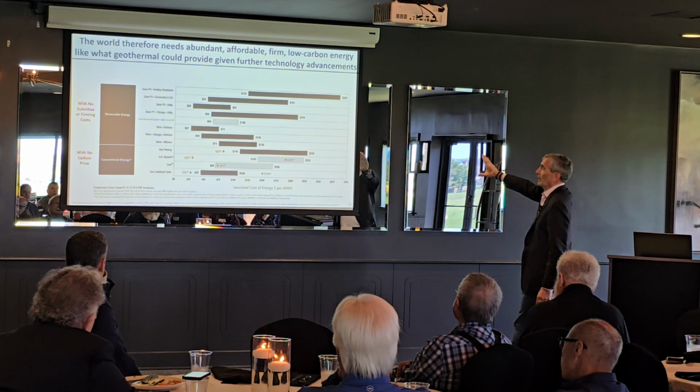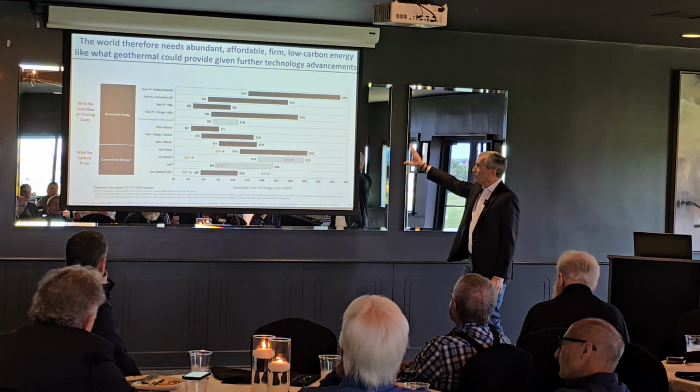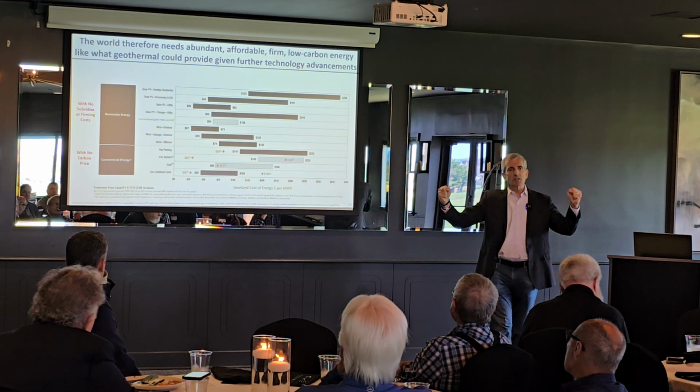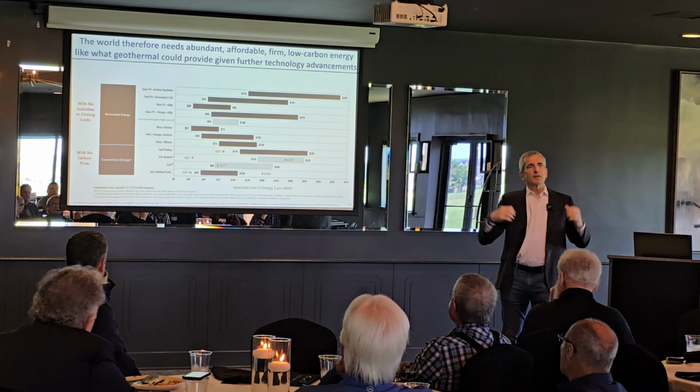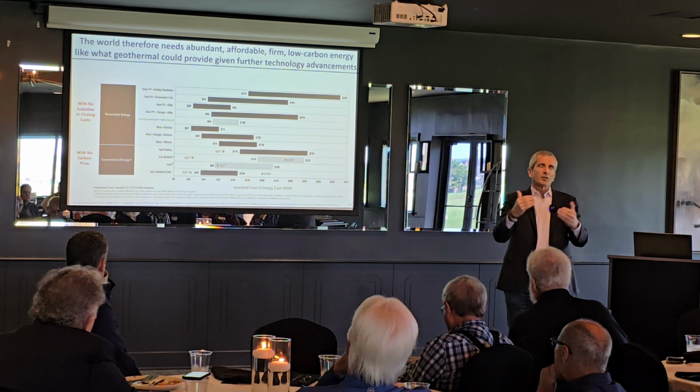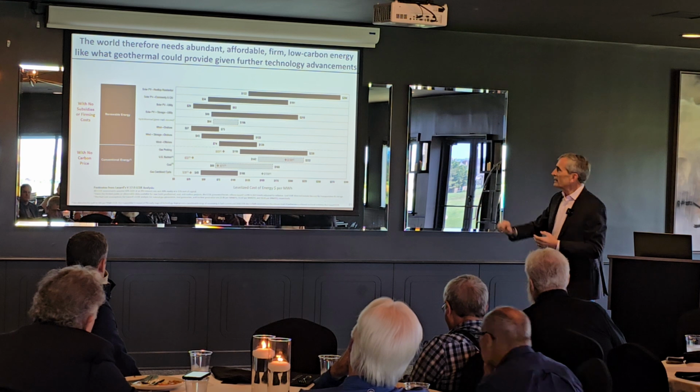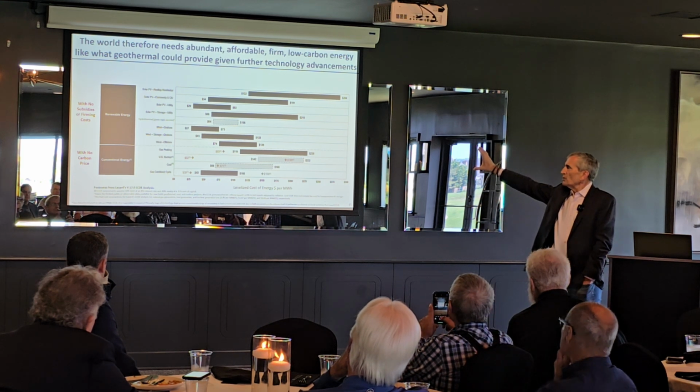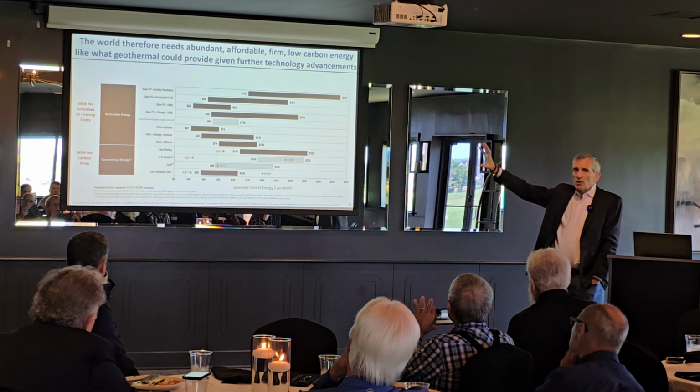This is a bar graph which shows the range of cost for different types of electricity generation projects. So building a new project today. At the top are all the quote unquote renewable energies. And this is with no firming cost.